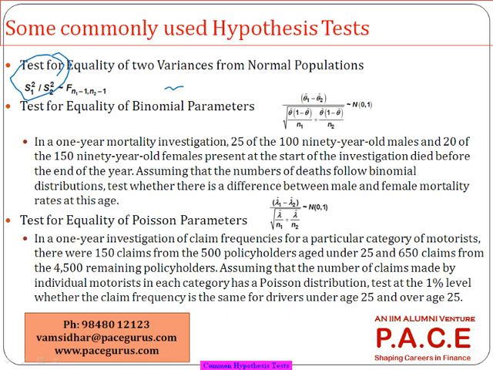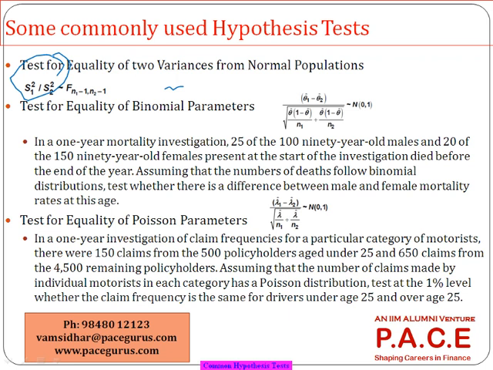The F test statistic is very simple: the variance of the first one divided by the variance of the second one. So we can simply take the ratio of the two, and that ratio will follow an F distribution with n1 minus 1 and n2 minus 1 degrees of freedom.